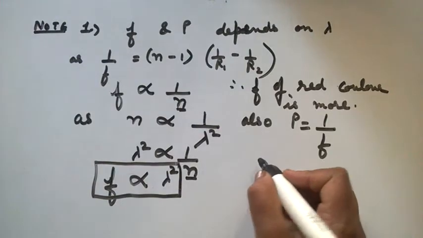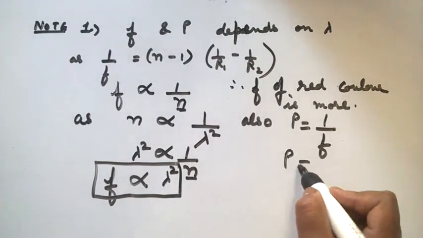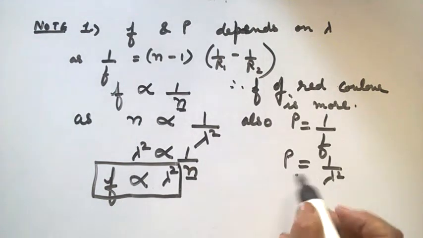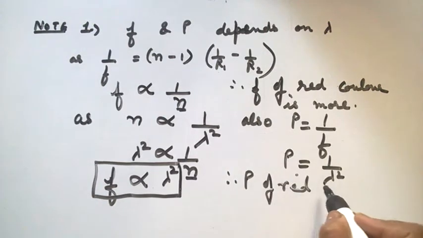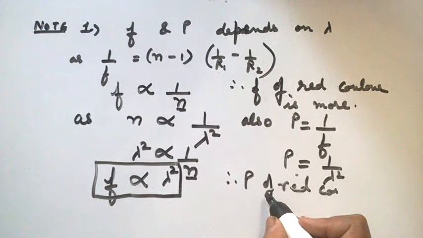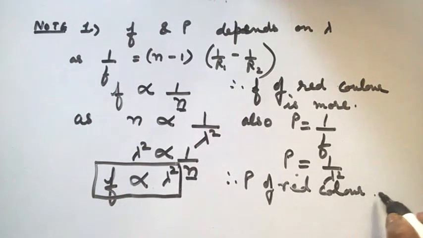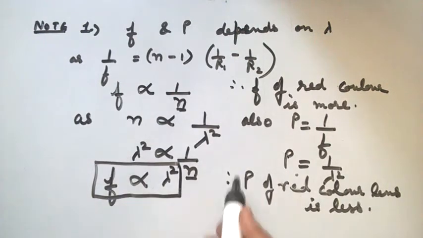Therefore power is proportional to 1 upon lambda square. So the power of a red color lens is less. This is point number 1.